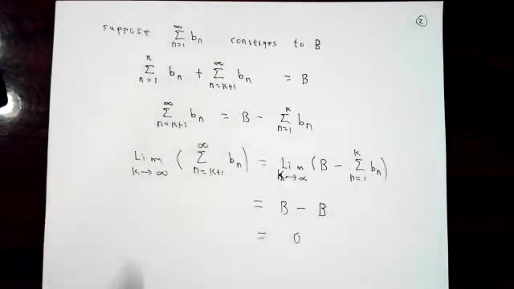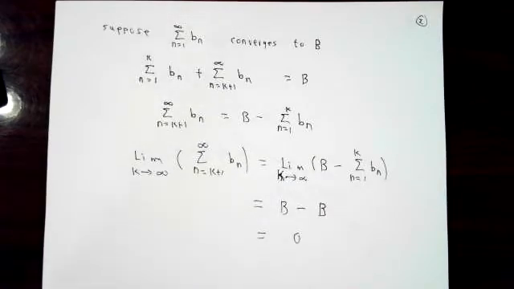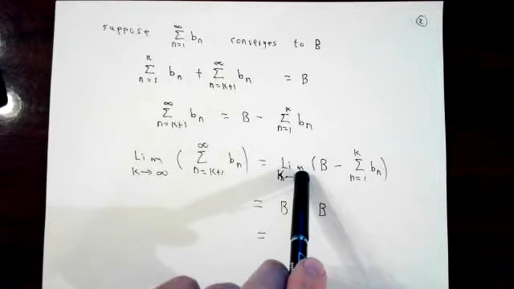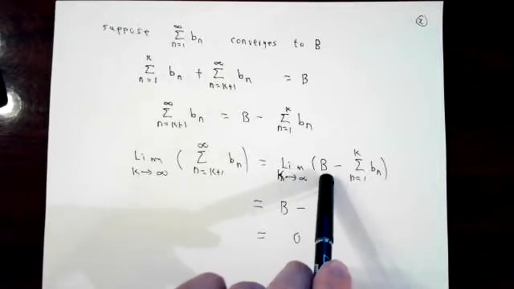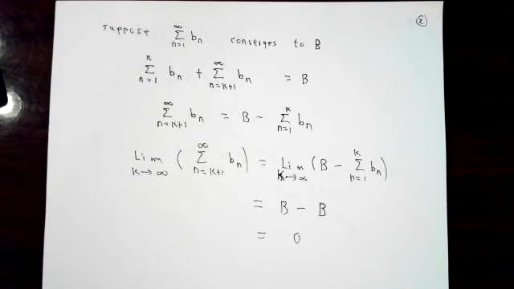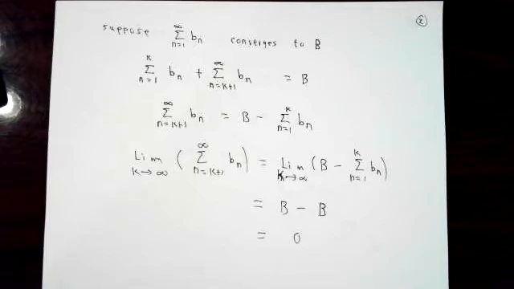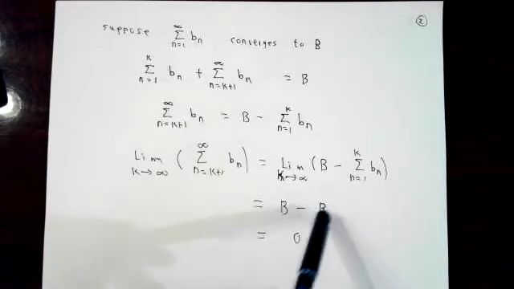Write this equation down and take the limit as k tends to infinity. In this limit, capital B has no k in it. B is a constant. This is a partial sum of the infinite series that converges to B. So both of those limits individually exist. This is B minus B, which is 0.